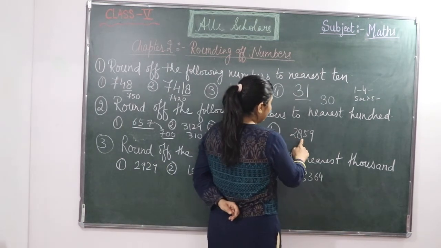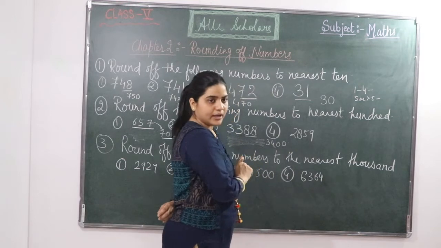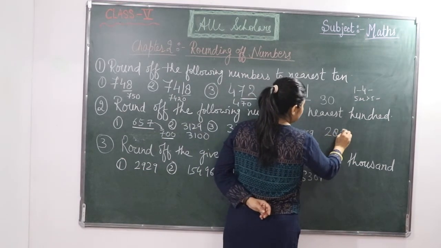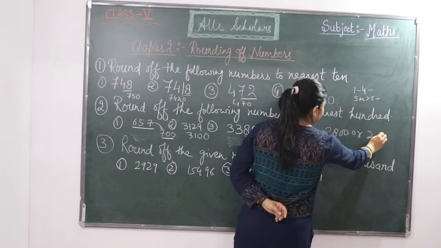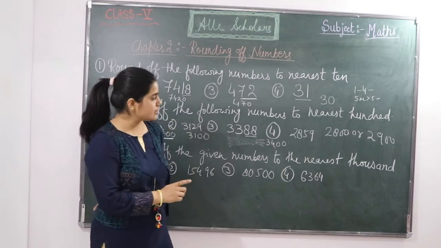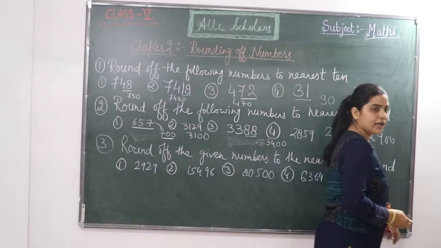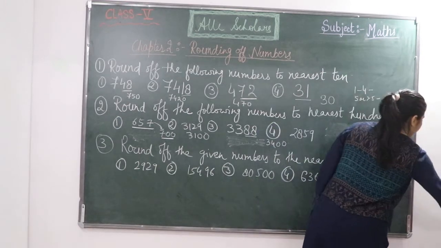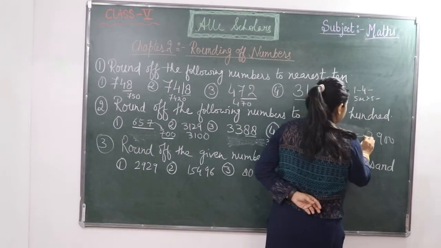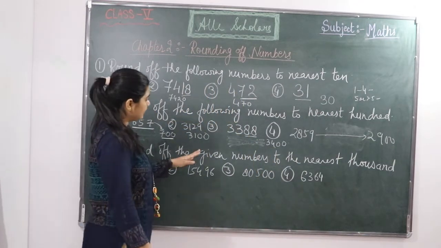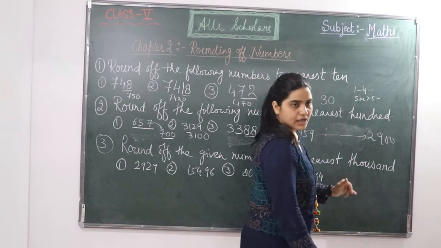Next comes 2859. For this also, 2800 or 2900. Which hundred is near? 2900. So the answer will be 2900.